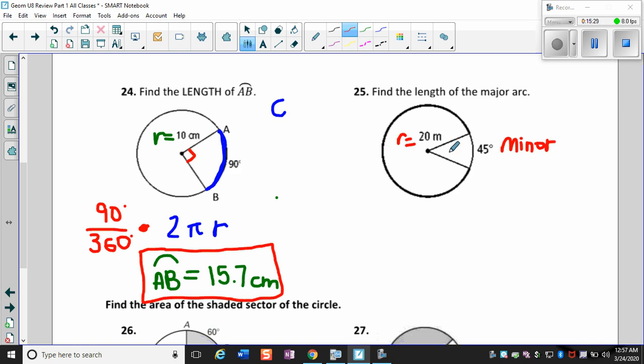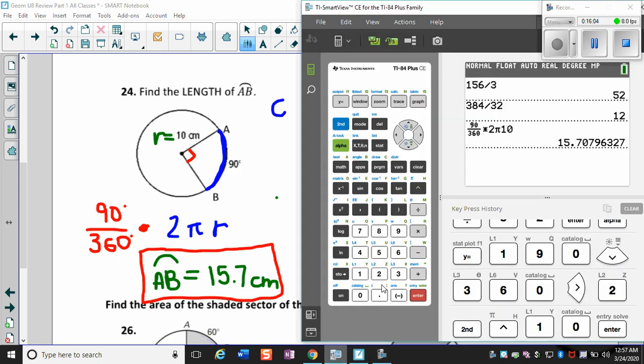Well, if this is 45 degrees, then I need to know what is going to be the measure of this arc in blue. And I'm doing a very bad job trying to copy it here. So if this is 45, what's the rest of this circle's arc going to measure? So take 360 minus 45.